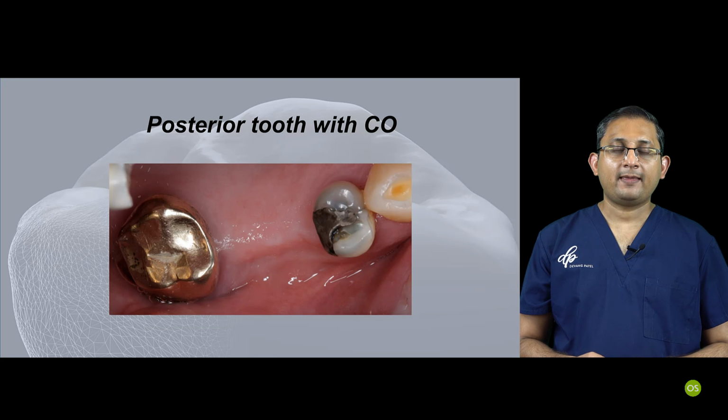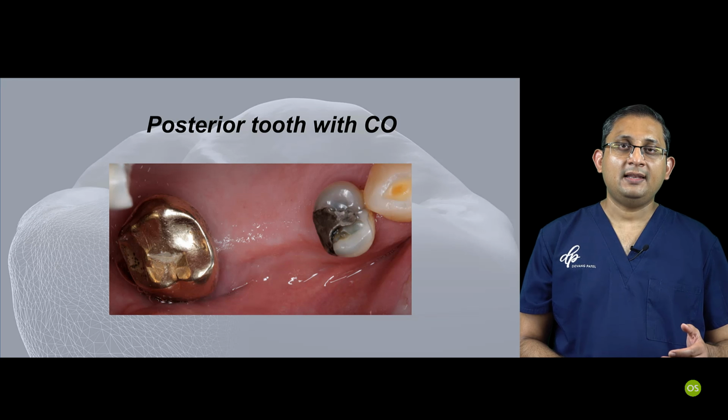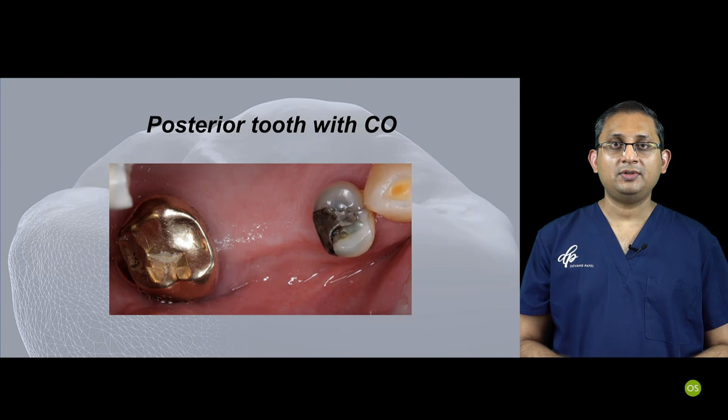Now, another situation you can come across is when the patient has a single standing tooth or posterior tooth with the first point of contact. In this case, we discussed this before, let's say we want to change the gold crown, and that's the first point of contact, so the tooth is in CO. What options do you have with this restoration?